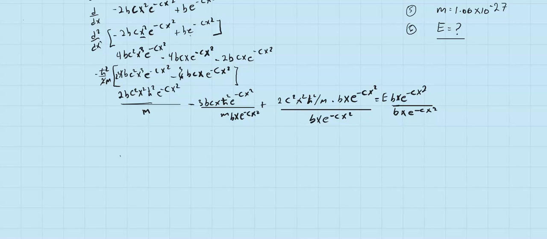And right here I'm going to do the same thing, b times x times e to the -c x squared. And right here I'm going to do the same thing, b times x times e to the -c x squared.